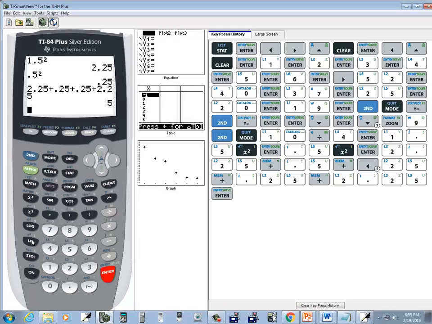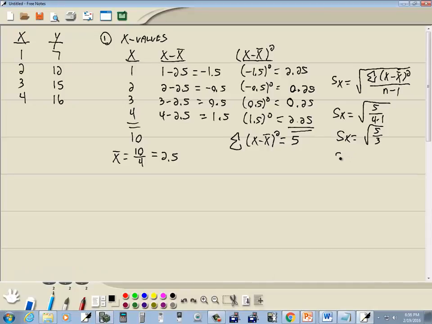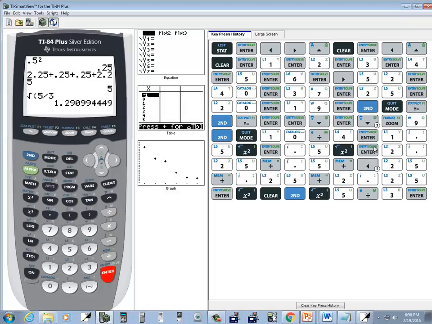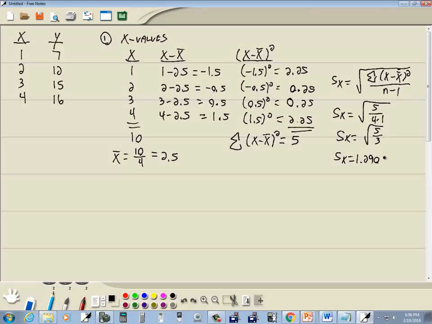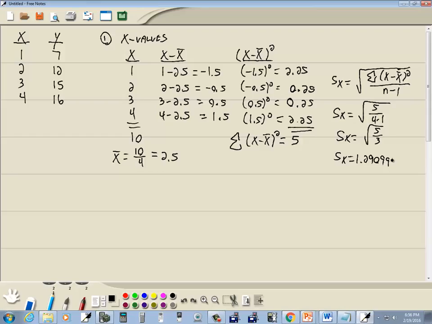Square root of 5 divided by 3, and we get 1.29099444.